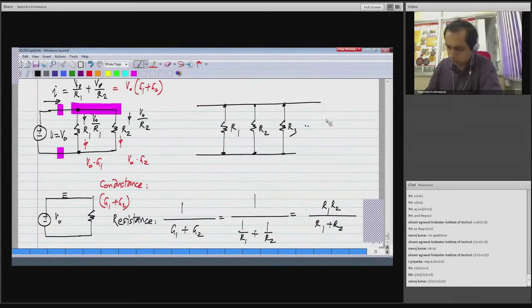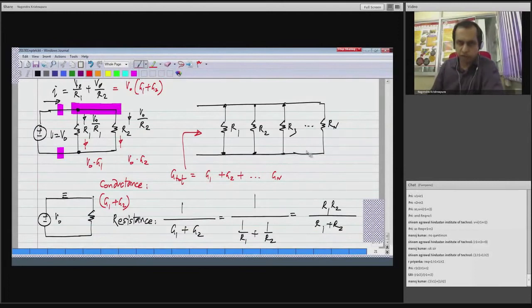So let's say we had n resistances in parallel. So the total conductance would be the sum of conductances, where G1 is 1 by R1 and so on, and the total resistance would be the reciprocal of that.